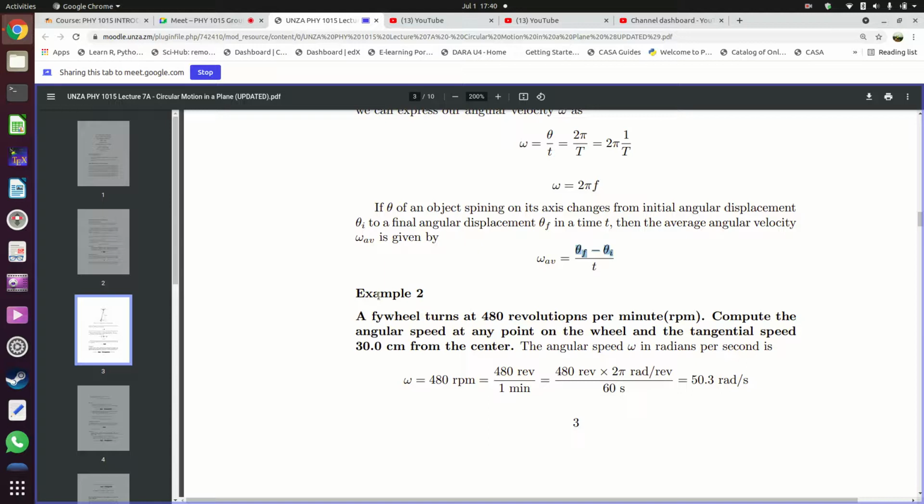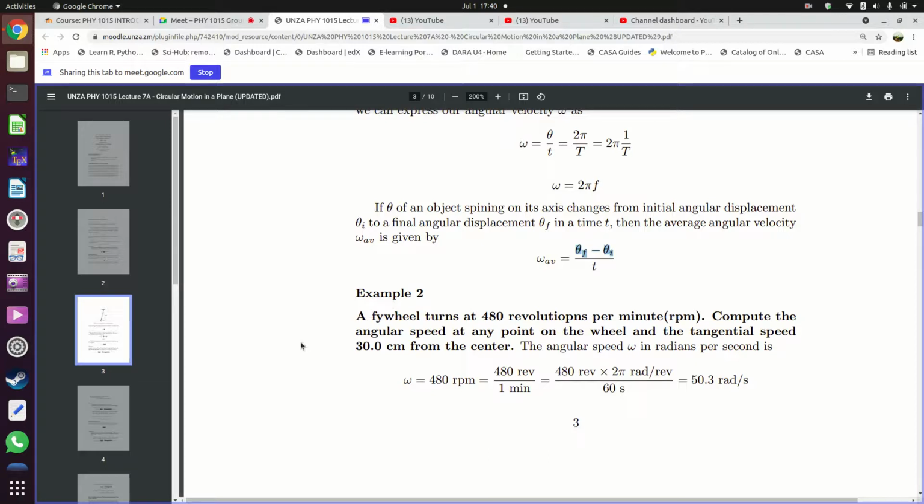So if you go a certain number of times in a circle per minute, then you can give the speed or the angular velocity in terms of revolutions per minute. That's a common way in which the angular velocity is given.